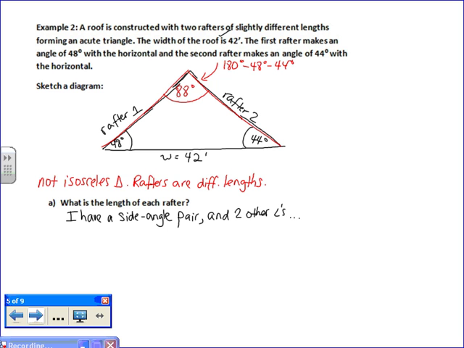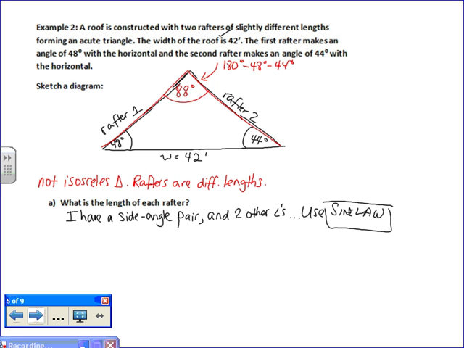So I'm going to use sine law. Let's go ahead and use sine law for this. We could label our triangle here. It doesn't matter. You could call it ABC, or we can just work with what we have right now.